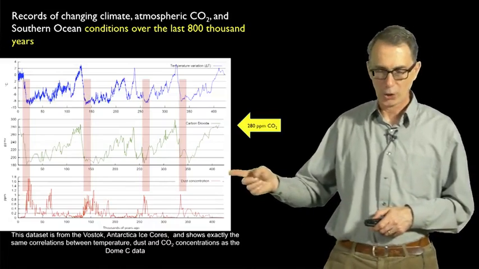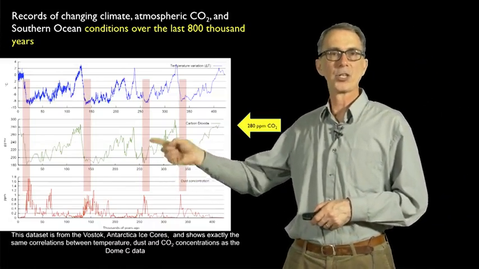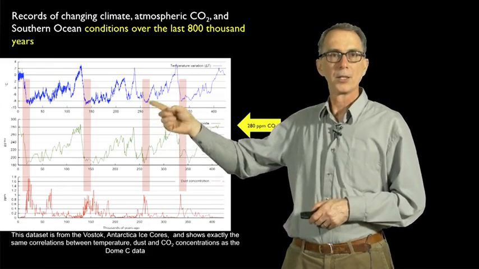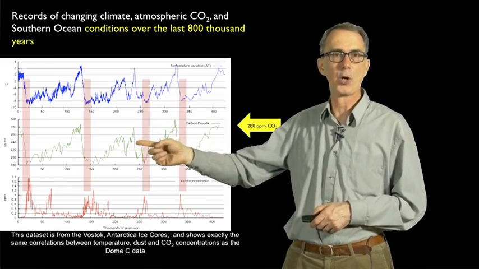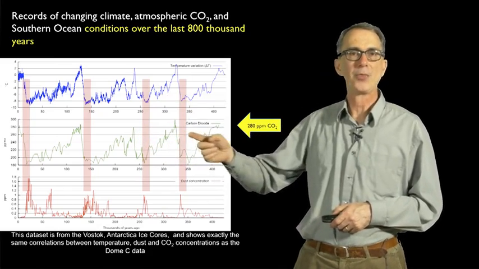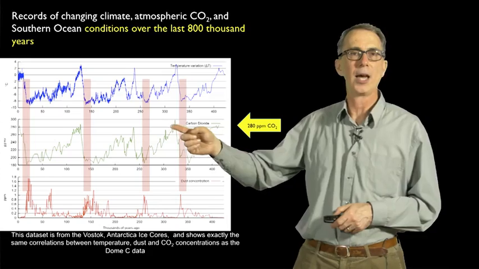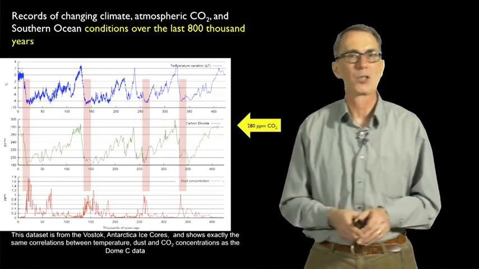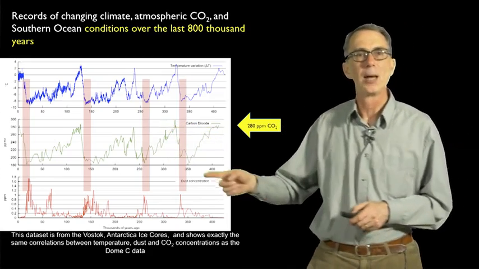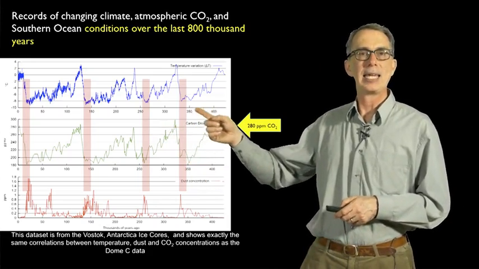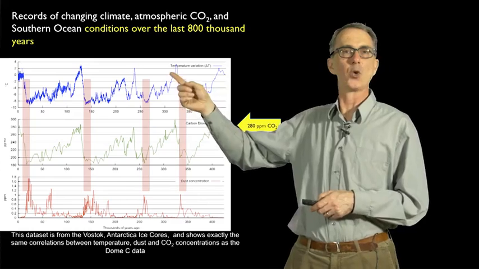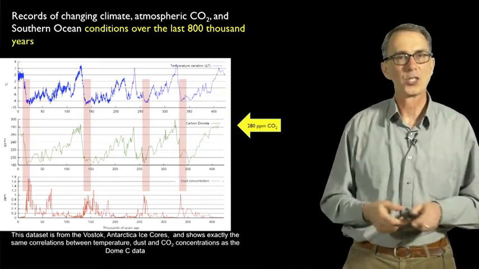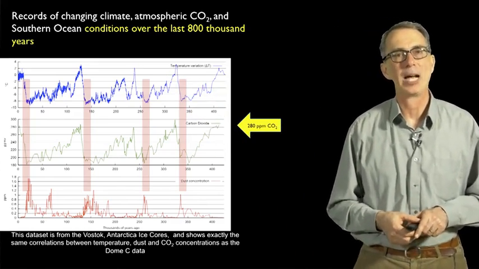And this graph shows the temperature variations up here and the carbon dioxide variations down here. And the highest carbon dioxide at any stage over the last 400,000 years, between these regular cold periods and the interglacial periods, is around 280 parts per million.